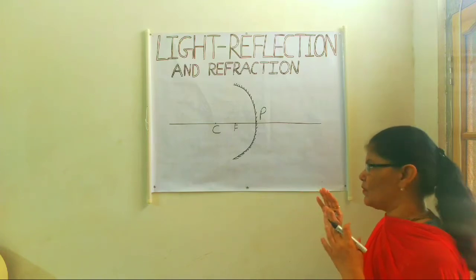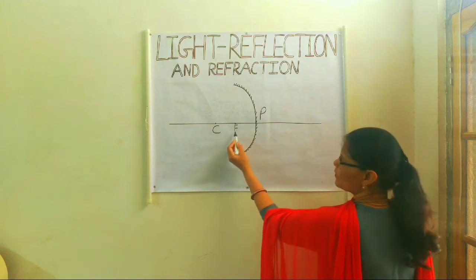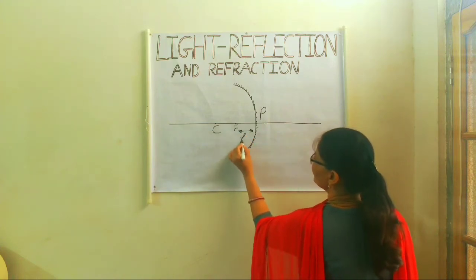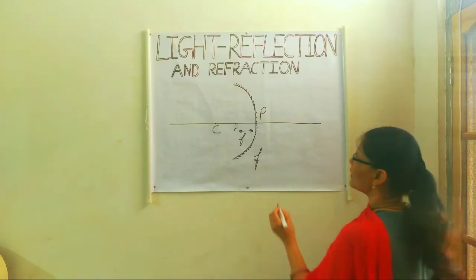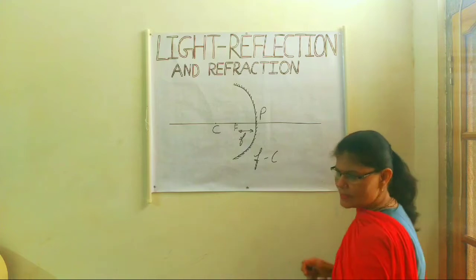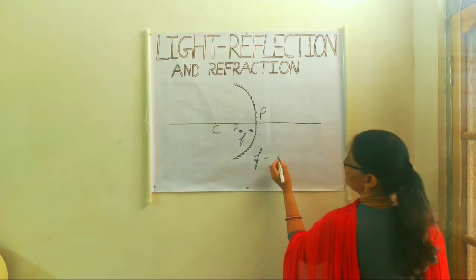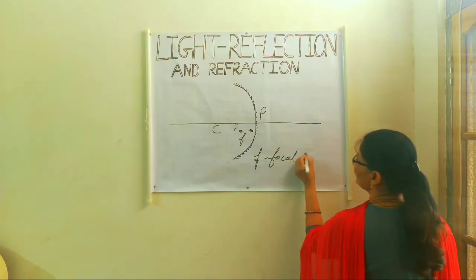That is the principal focus. The distance between the pole and the principal focus is called focal length, and it is represented by small f. The distance between the principal focus and the pole of the mirror is focal length.